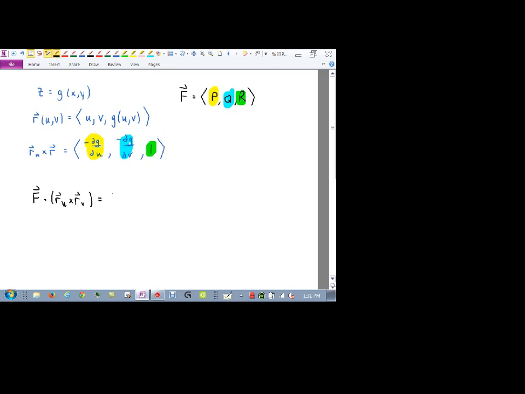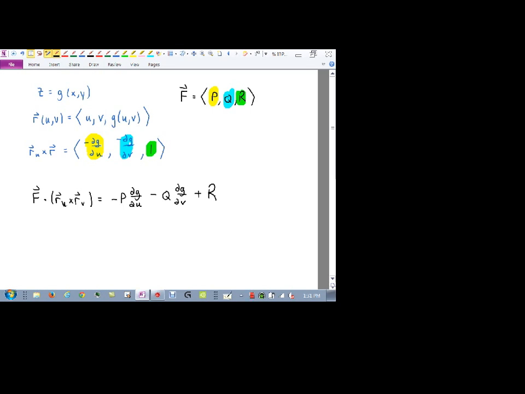And that gives you part of this formula. It's negative P partial g with respect to v, and then minus Q partial g with respect to, wait, that was a u. v, and then plus R. Do you all agree with that?